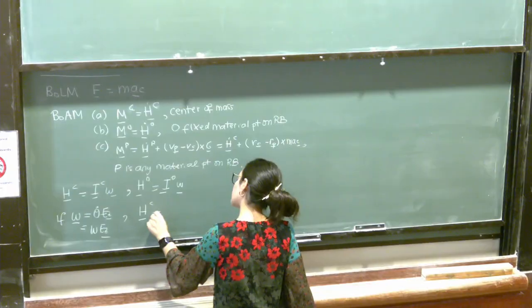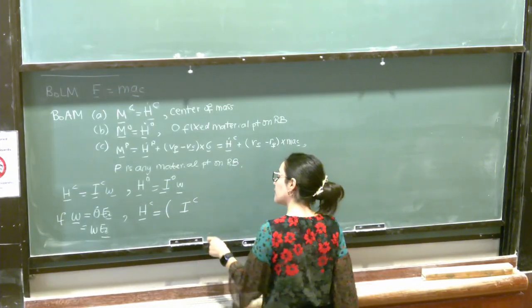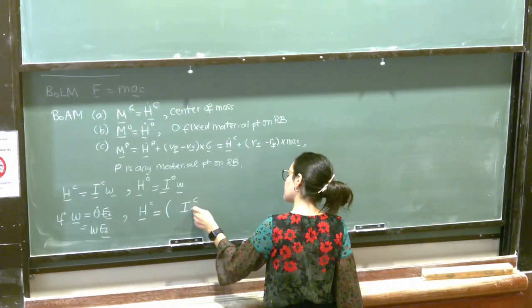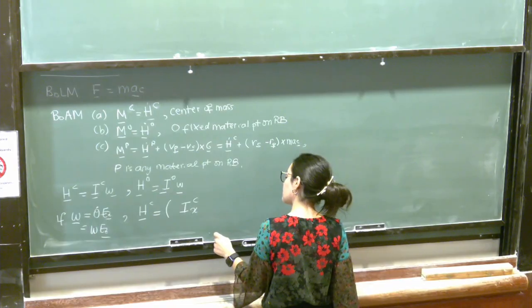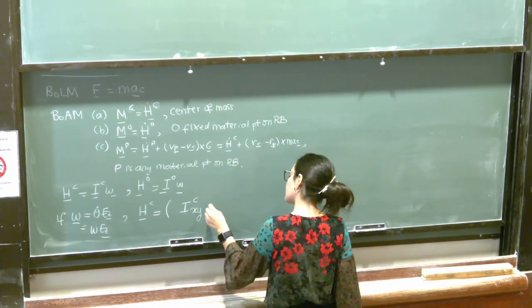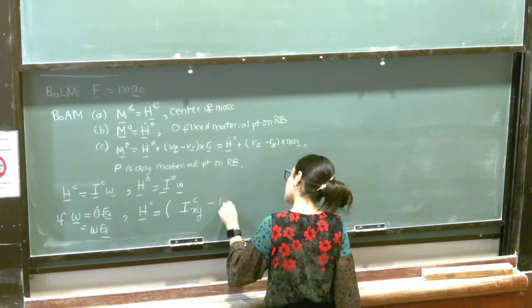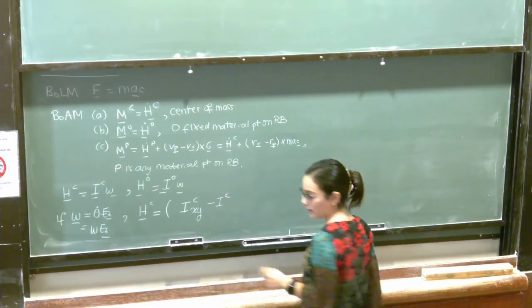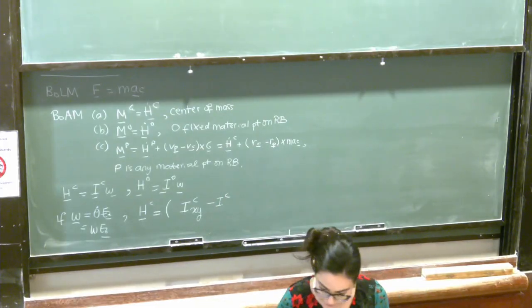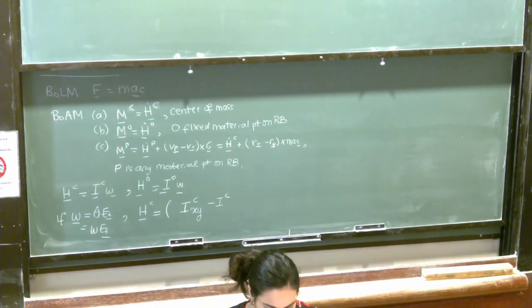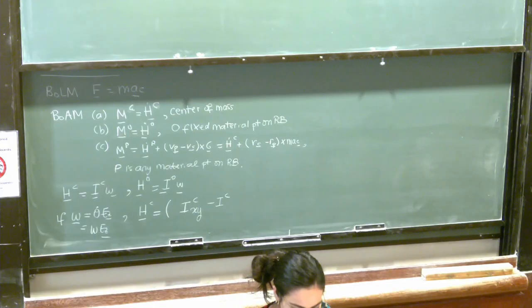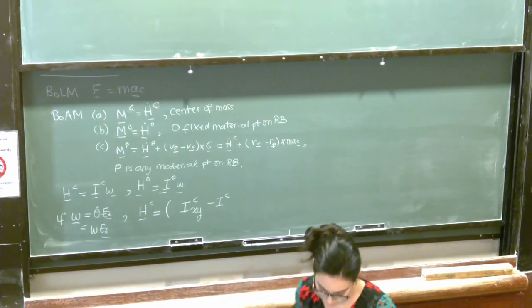H_C is equal to I_C X, minus, sorry, I think it's I_C XX. We derived this last time, I_C XZ omega dot, right.